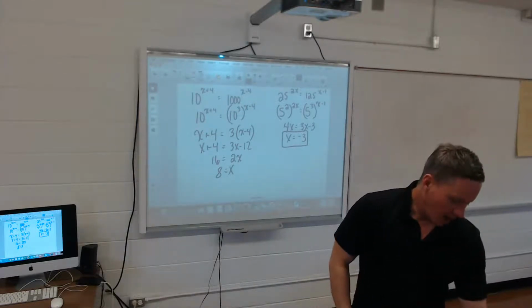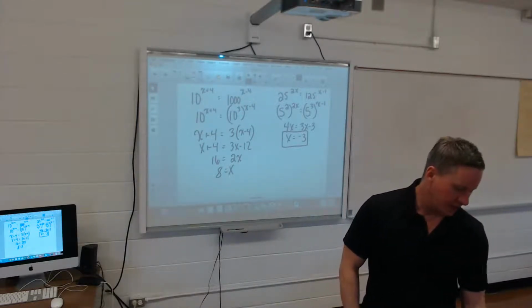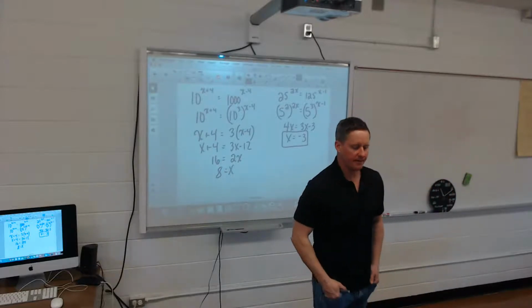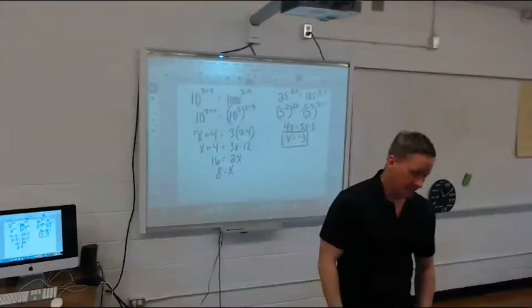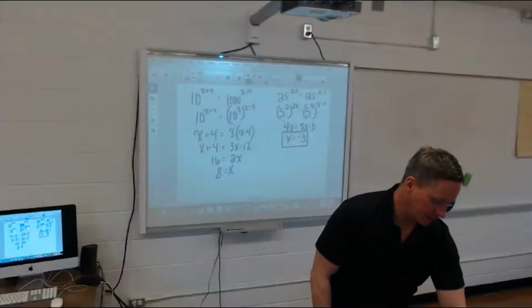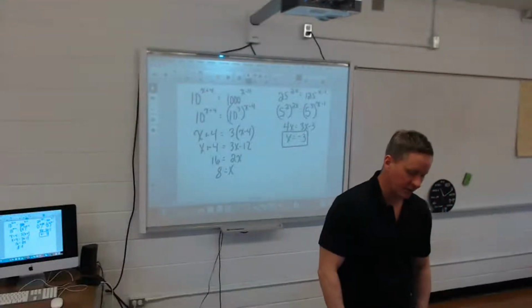So your first option is to, of course, change the bases so that the bases are the same. Then they want you to graph them. So look at that example 251.